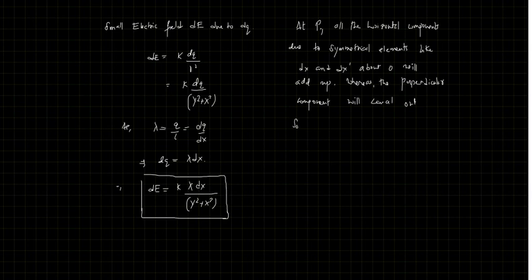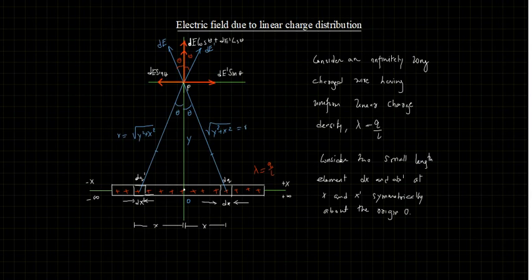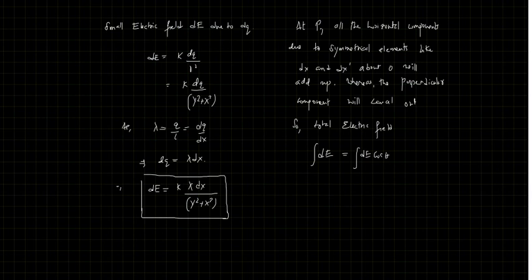So the total electric field E will be the integration of dE cos theta. As you see, all the cos components are in the same direction, so they add up, but the sine components will cancel out. But it is going from where to where?